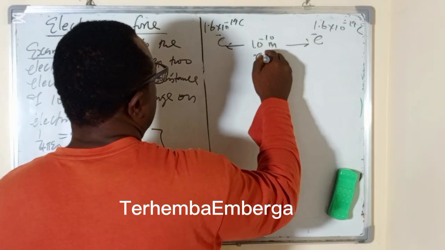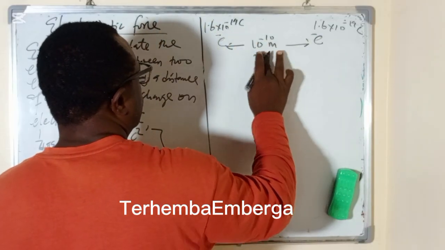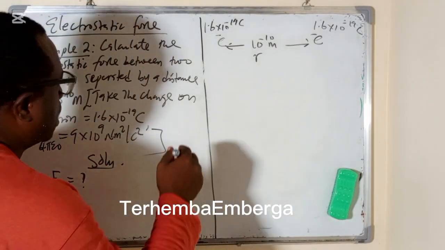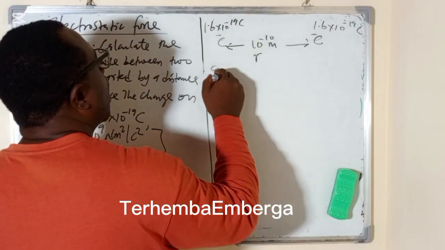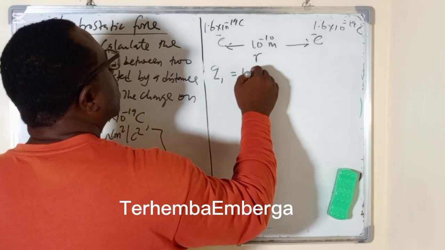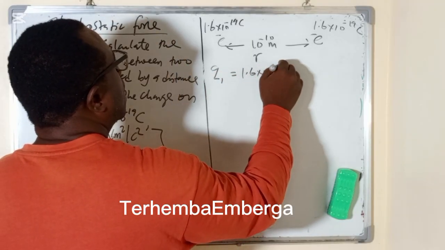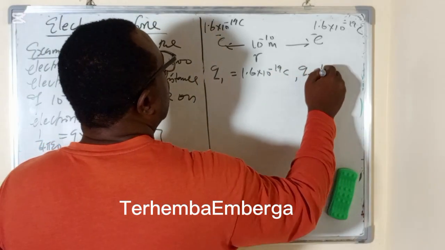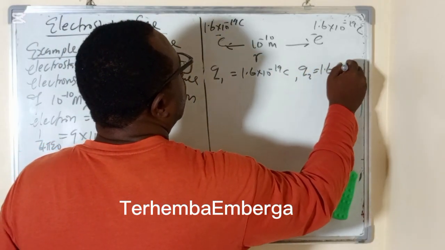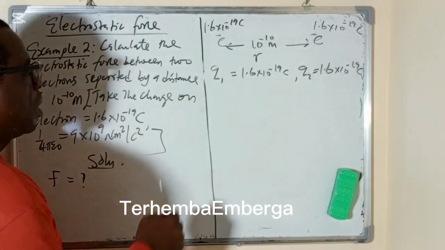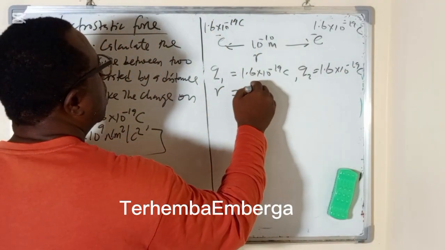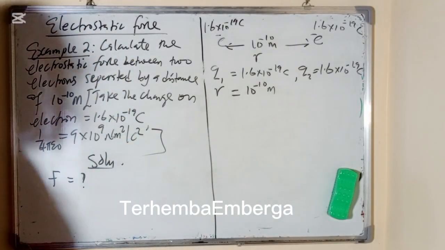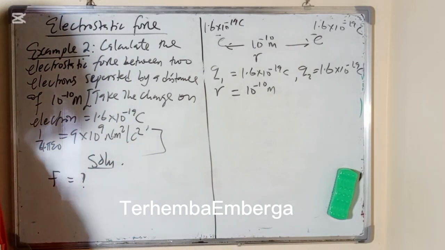And this happens to be our R. So it means that Q1 is given as 1.6 times 10 raised to the power minus 19 coulomb, and Q2 is given as 1.6 times 10 raised to the power minus 19 coulomb, and R is given as 10 raised to the power minus 10 meters.